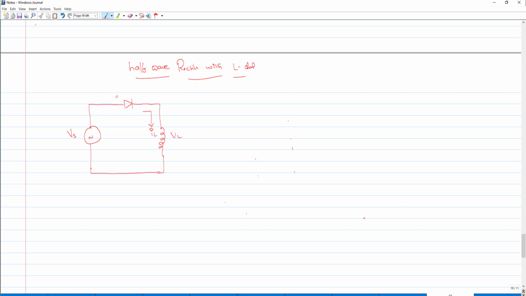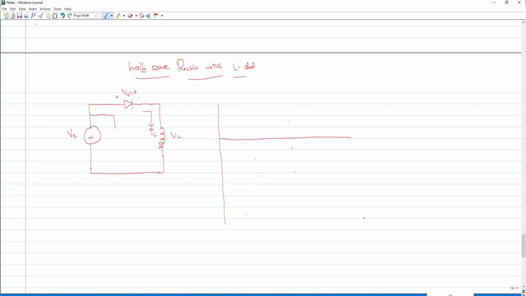So I am assuming that the voltage drop across the diode is approximately equal to 0, and hence what could be the output voltage and the input voltage and current waveforms? Let us observe. Firstly, I am just drawing the axes, and I want to see how the input voltage waveform looks.